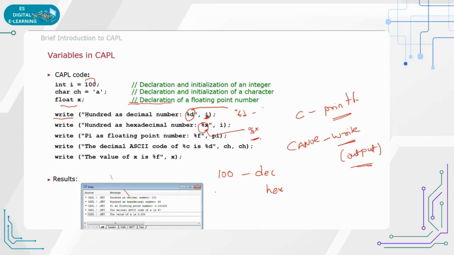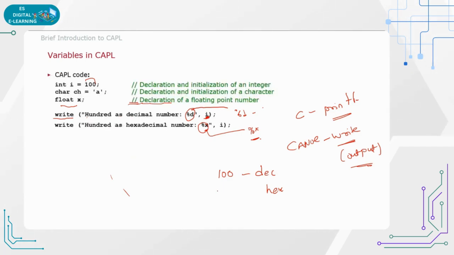So for getting the conversion, how will you convert the decimal value to hexa value? Did you remember? Anyone? Is it correct, what I am writing?